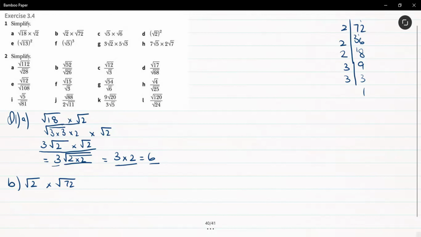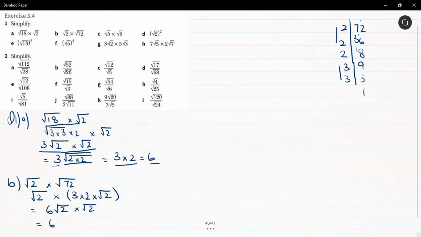So basically, how many pairs have we got? A pair of 2, a pair of 3. So this would be equal to under root 2 multiplied by 3 multiplied by 2 multiplied by under root 2. So that would be equal to 6 under root 2 multiplied by under root 2.